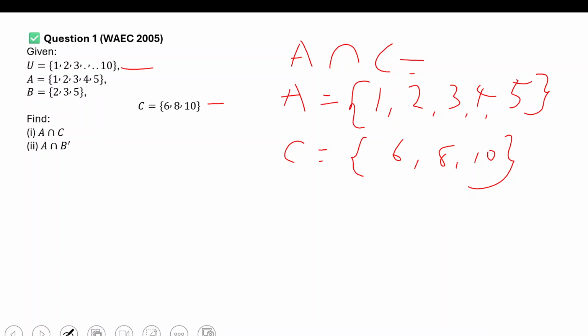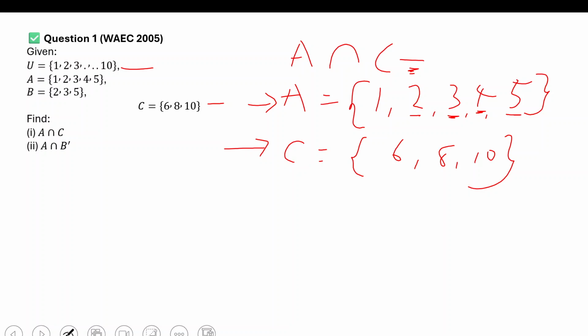So A intersect C is what is present in A and at the same time present in C. So let's compare. I have 1 in A and I don't have 1 in C. I have 2 in A, I don't have 2 in C. I have 3 in A, I don't have 3 in C. I have 4 in A, I don't have 4 in C. I have 5 in A, I don't have 5 in C.